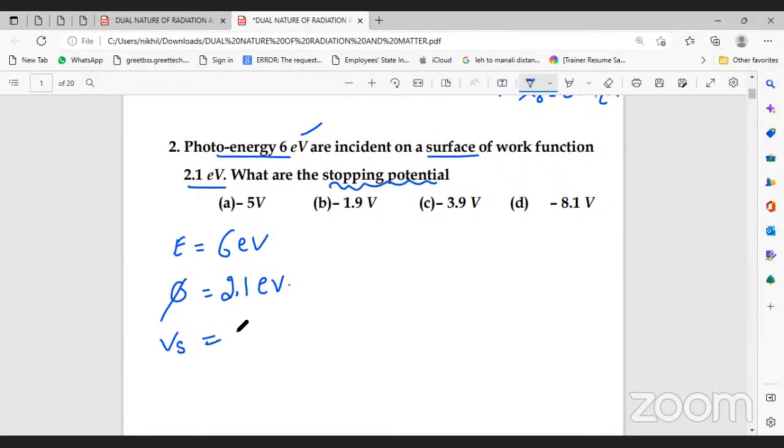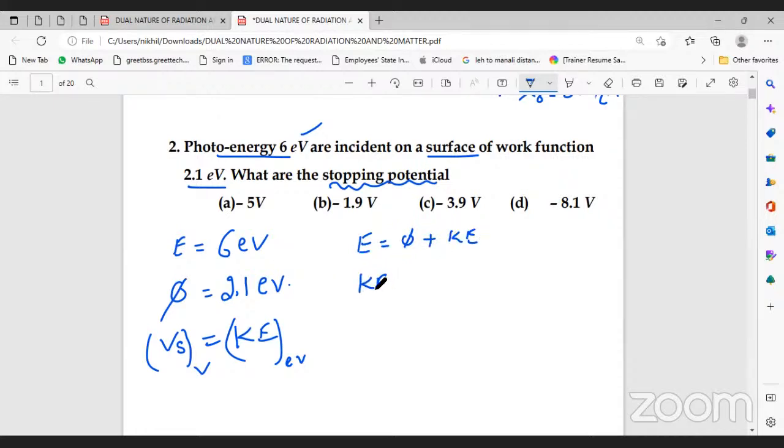You know that the stopping potential is related to the kinetic energy, but the stopping potential is in volt, while this kinetic energy will be in electron volt. According to Einstein's energy equation, total energy is equal to work function plus the kinetic energy.